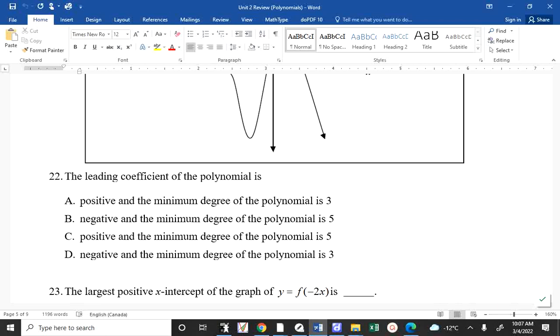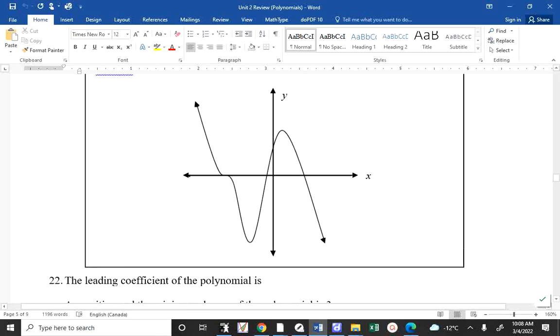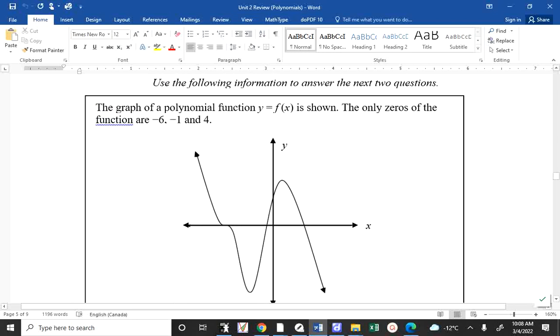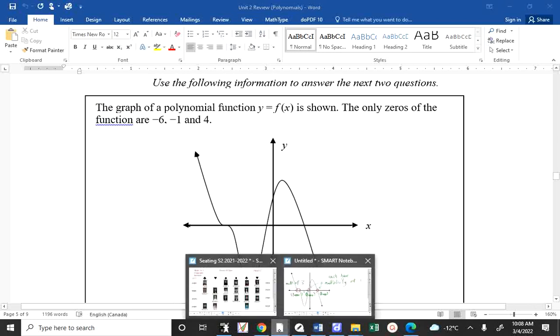Now that we do know that 23 is related to the above context box, how do you do it? I explained that. Didn't I? I'll go through it again. The x-intercepts, I'm not even going to look at the graph. The x-intercepts are -6, -1, and 4.